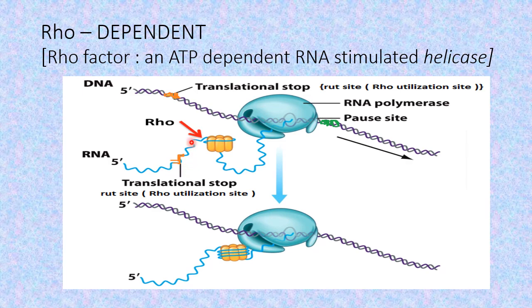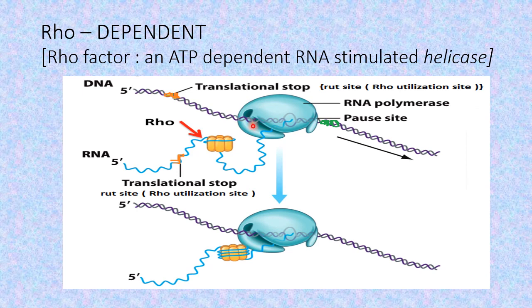So when this RUT site is free, that is no ribosome is attached to this RUT site, at that point of time a specific protein known as the Rho factor recognizes this RUT site and attaches to it. And once it attaches to it, it moves along the newly synthesized RNA towards the RNA polymerase enzyme.